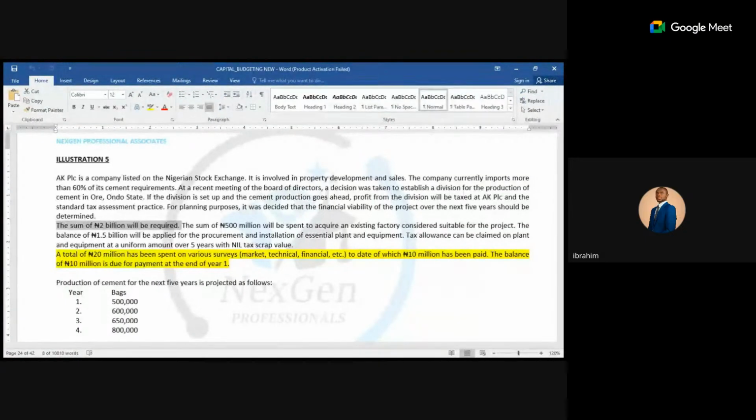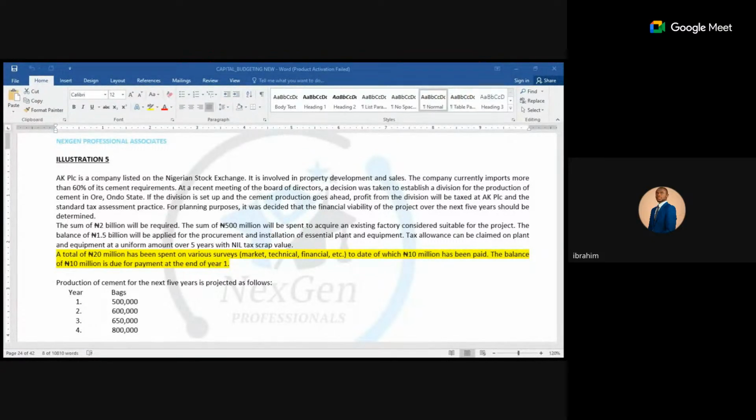Now, the sum of 2 billion will be required, meaning that if they want to go on this project, it will require them to have about 2 billion. Now, what is the appropriation?